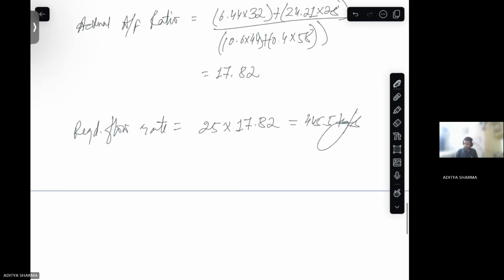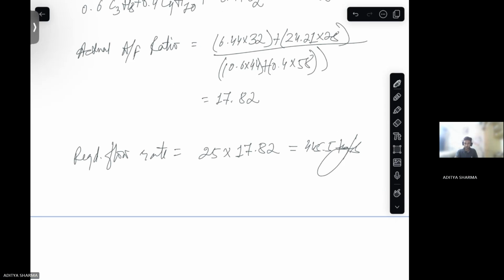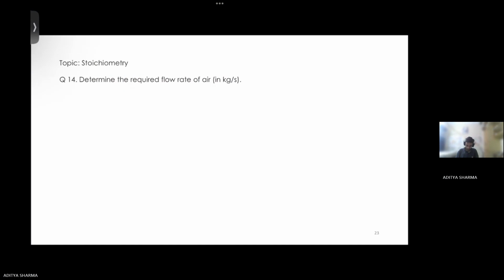Then your next question is on what is the equivalence ratio of the mixture.